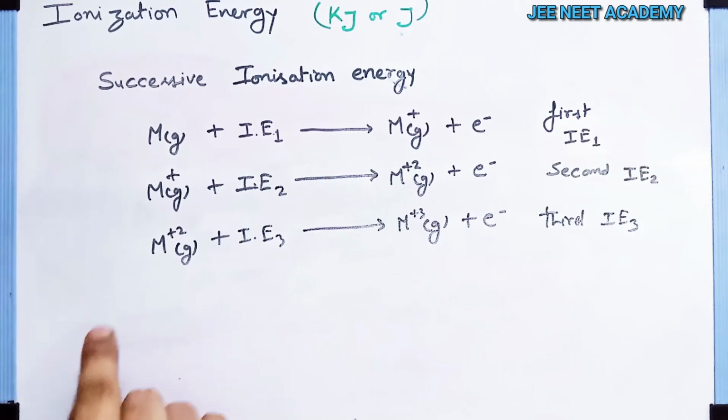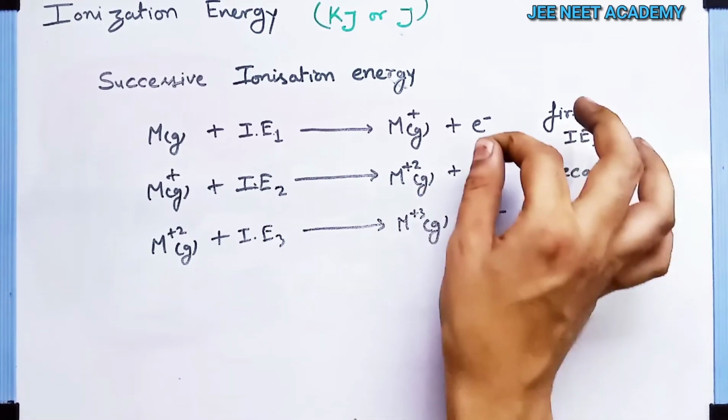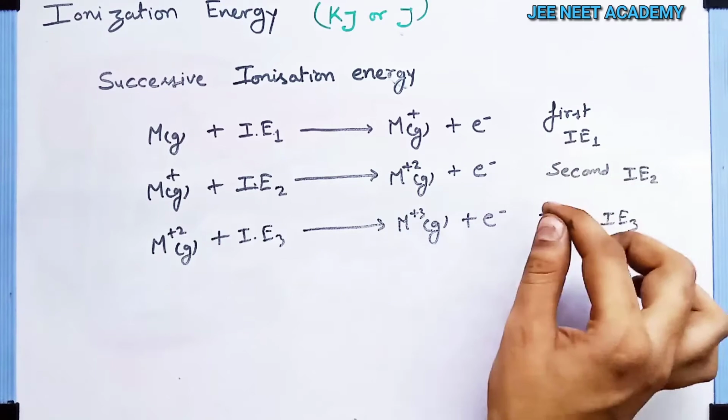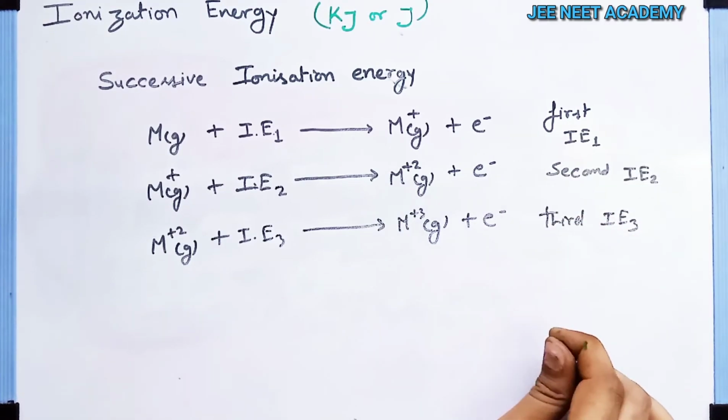So this is successive ionization energy. First you remove one electron, then a second, then a third.